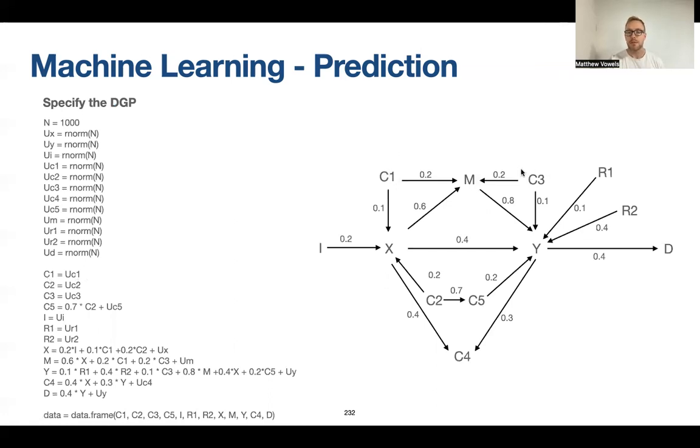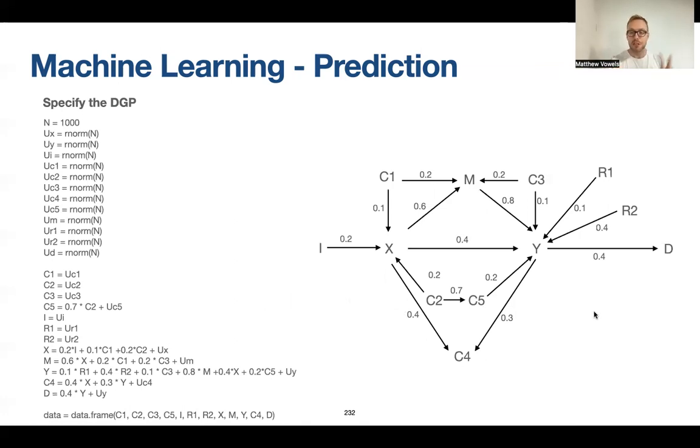All the independent variables without parents are generated first, like C1, C2, C3. We also have I and R1 and R2 here. C5 is generated here: 0.7 times C2 plus UC5, and so on and so on. So feel free to check that through. We generate the data according to this.